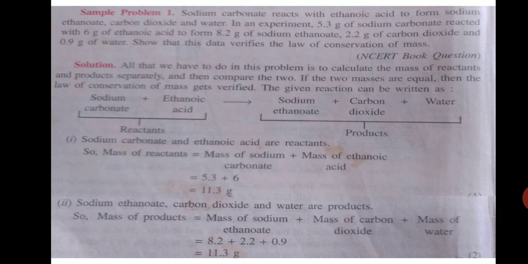The total mass is 11.3. Now check whether these two masses are equal. One more sentence you can write: since the reactants and products have the same mass, the data is in agreement with the law of conservation of mass. So I think now it is clear how to find out.